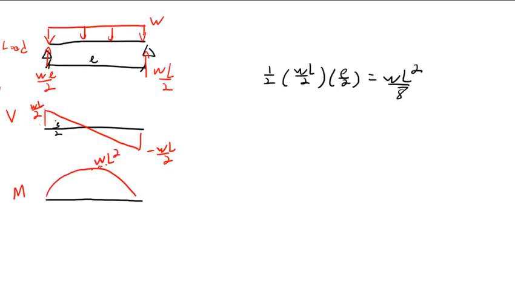WL squared over 8. So this is a simply supported beam with a uniform loading. And notice the moment diagram in this case is symmetric, but the shear is more of a rotation than a reflection. So you will have positive shear on this end and negative shear on this end. But anyway, okay, let's go take a quick break, and we'll come back and look more at shear and moment diagrams by the last method, which is by inspection.